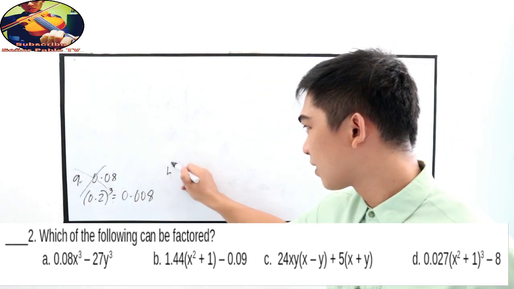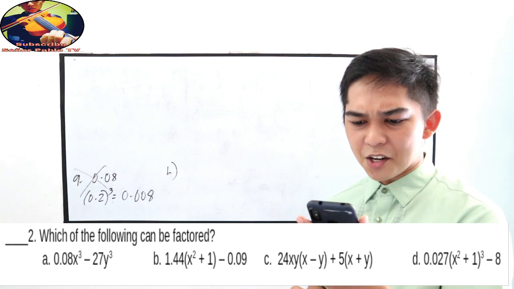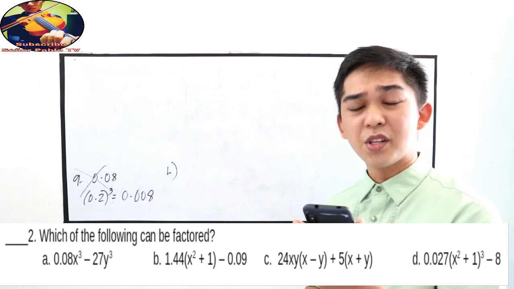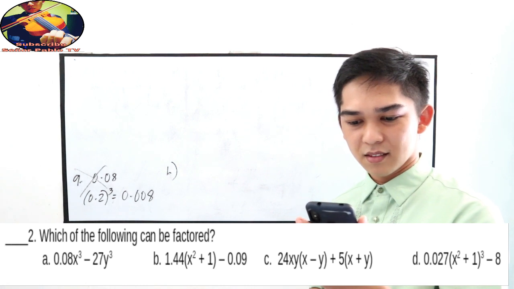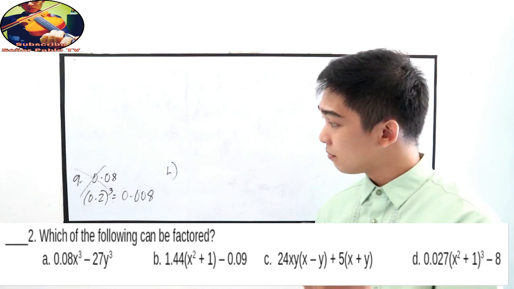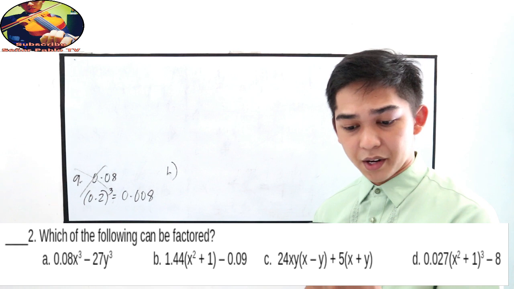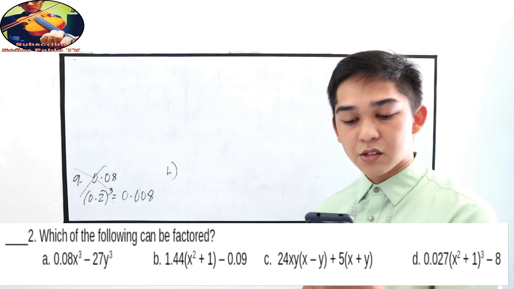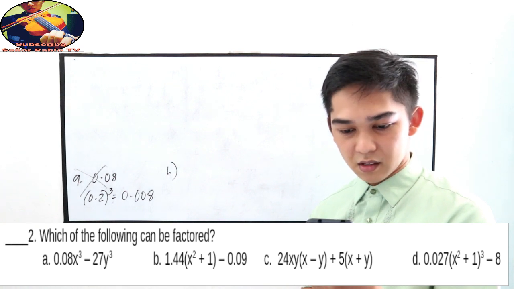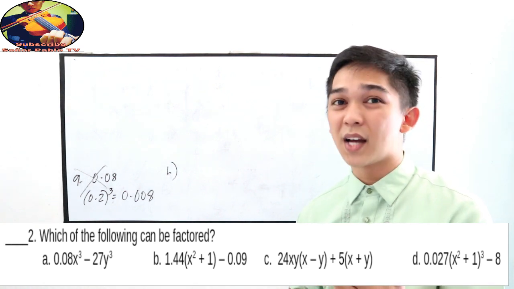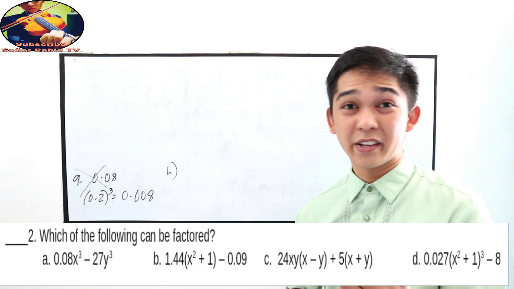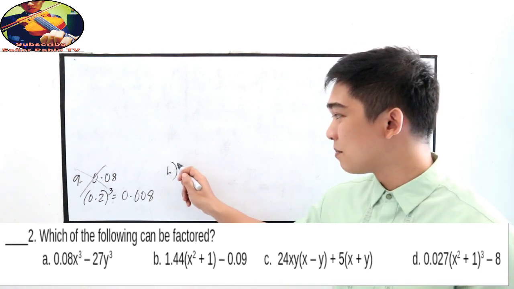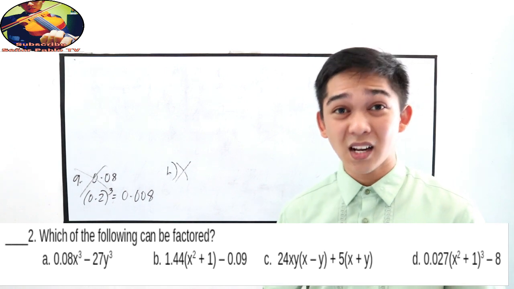B, mali si A. Sa letter B, 0.09. Perfect square. Tama, perfect square. Ang gusto atang iparating ni letter B ay difference of two squares. Pero yung x plus 1 is not a perfect square. Yung nasa loob ng parenthesis. So, mali din si B. Dahil dun sa x plus 1.